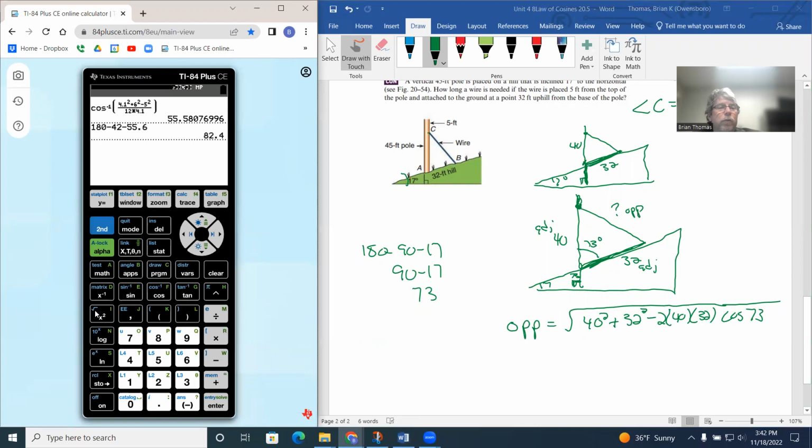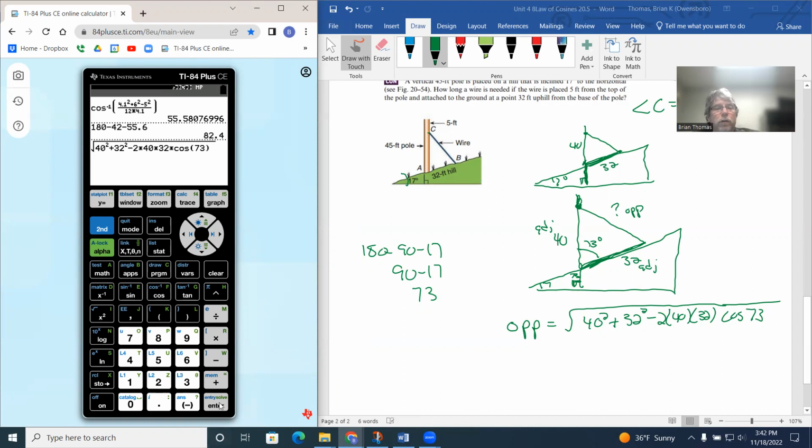So the square root, and if we put that math in there, 40 squared plus 32 squared minus 2 times 40 times 32 times the cosine of 73.